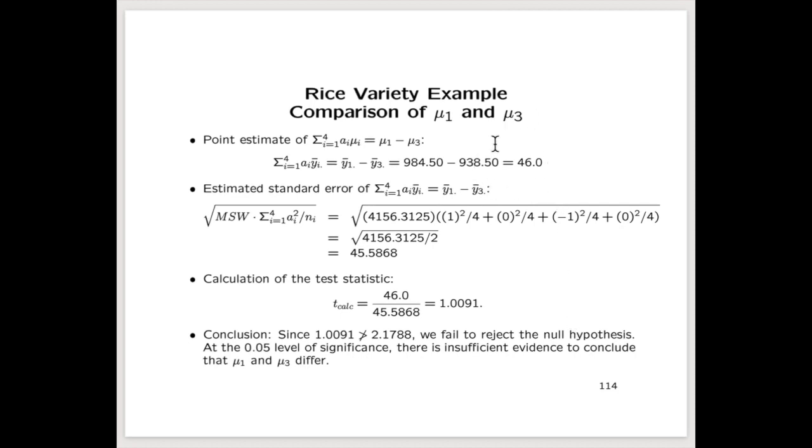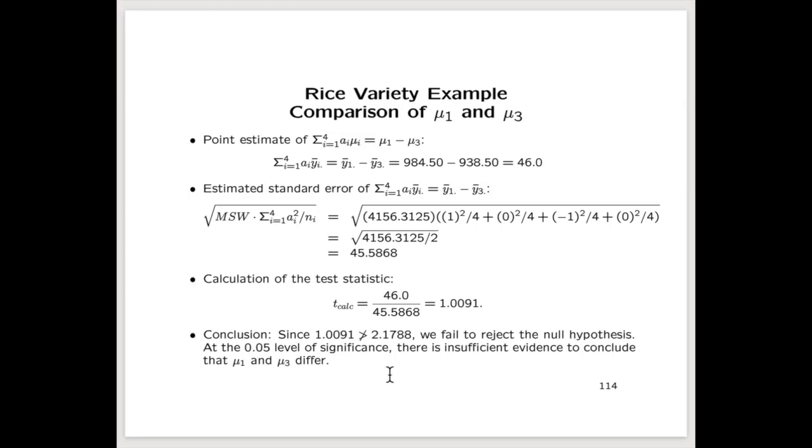The point estimate of mu1 minus mu3, y bar 1 dot minus y bar 3 dot, was 46.0. The estimated standard error of that point estimate is 45.5868, and so the calculated value of the test statistic is 1.0091. Since that is not greater than 2.1788, we fail to reject the null hypothesis.